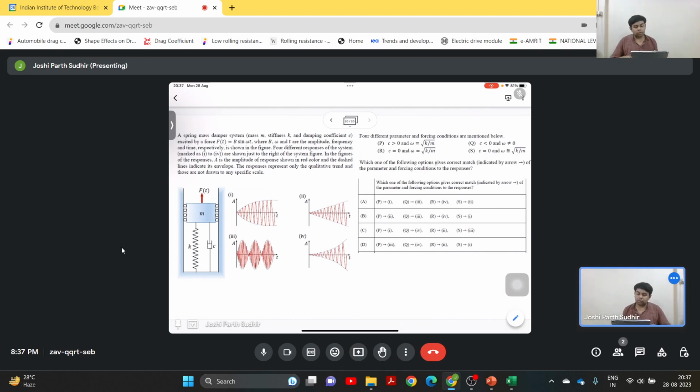Therefore the response is controlled because of the damping. So the response given in the first option seems to be the correct one. So for parameter set P, the correct response is option 1.